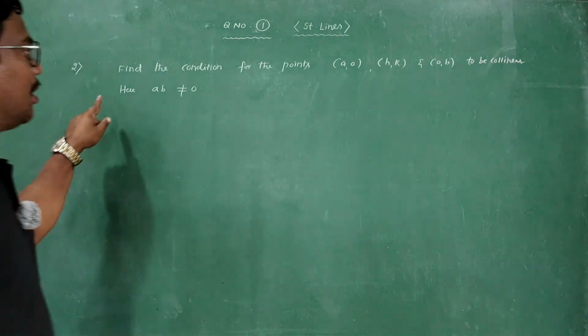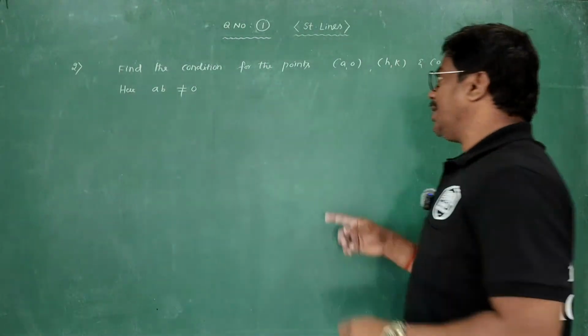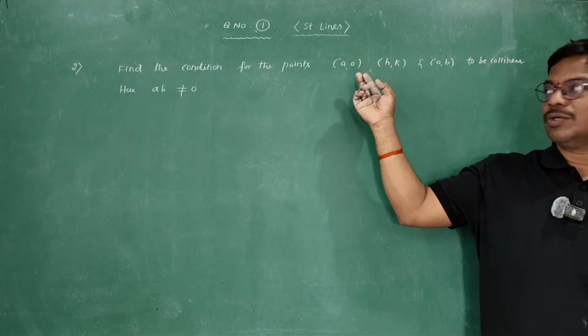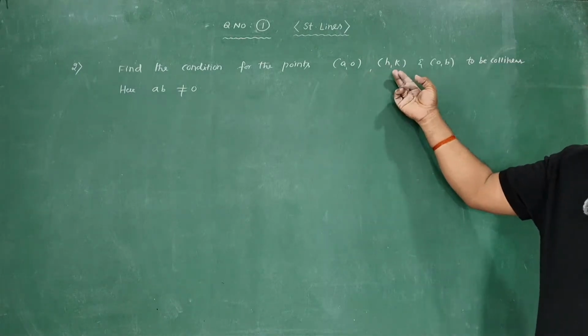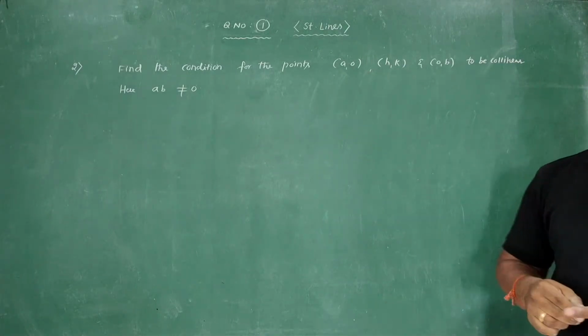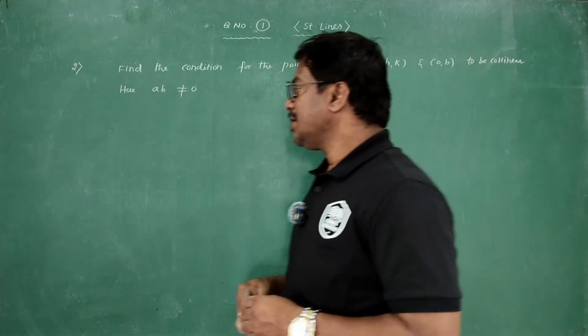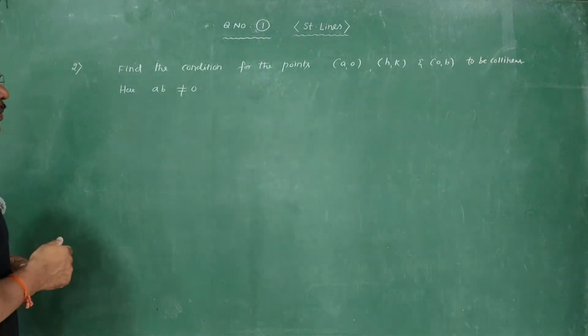See this question: find the condition for the 3 given points whose coordinates are (a, 0), (h, k), (0, b) to be collinear. You know the condition for collinearity of 3 points.